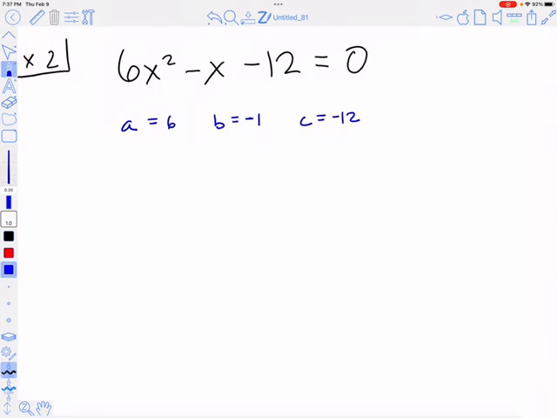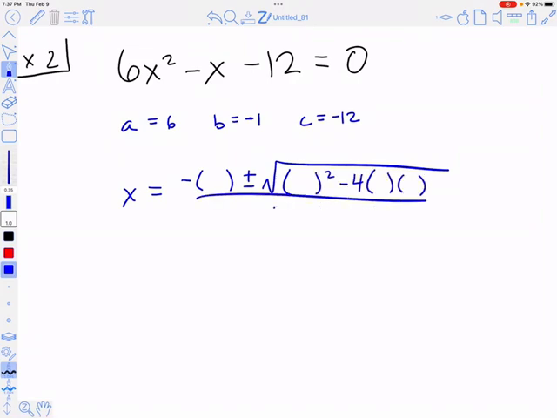All right, so I'm going to go ahead and use my formula. X equals, and like I told you, we're going to write it all out first. Okay, so my B is -1, my A is 6, and my C is -12. So -1 becomes +1. 1 squared is 1.